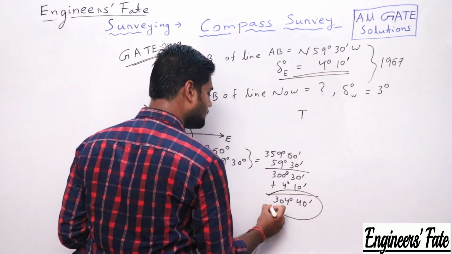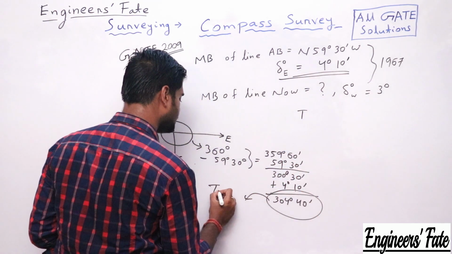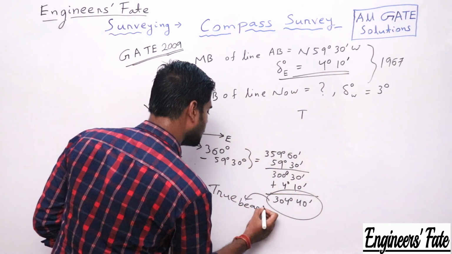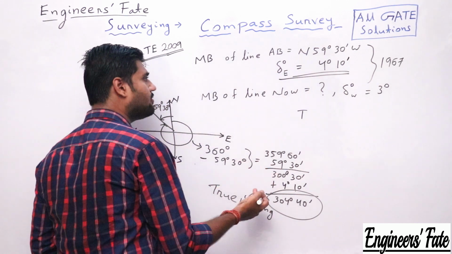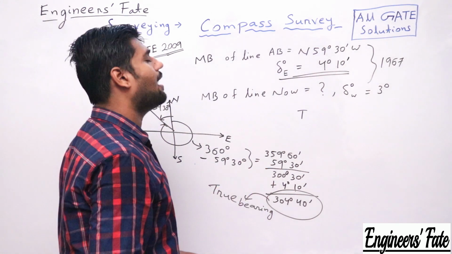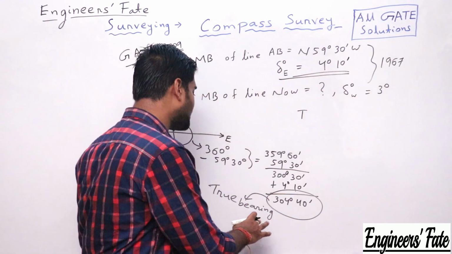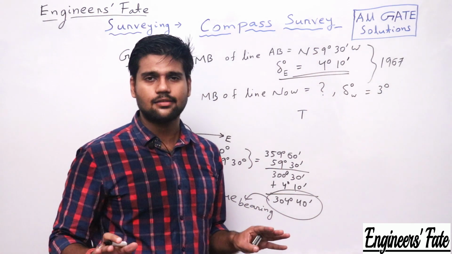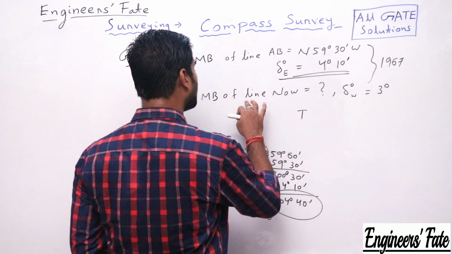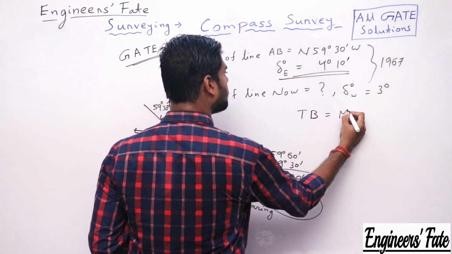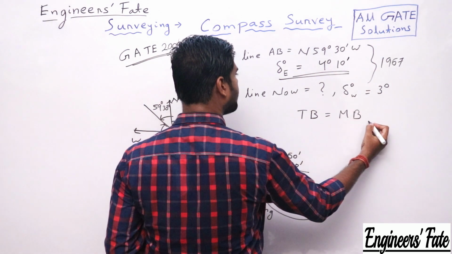So we know that whatever this bearing is, it is the true bearing. So we have found the true bearing because we have neglected the error, and after neglecting the error due to declination, whatever the bearing I got, that is the true bearing. Now I want to find the magnetic bearing. We know that the true bearing is magnetic bearing minus delta W, as the declination is given as west.